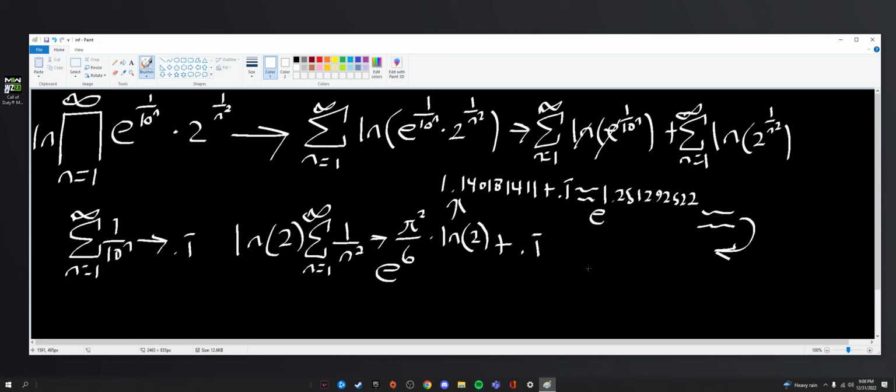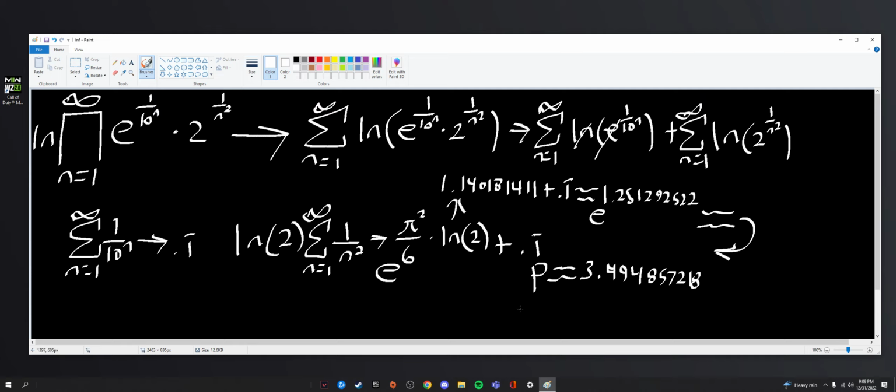We get about 3.498572118. And this is what our infinite product actually equals. So if we call our infinite product p, p is about equal to this.